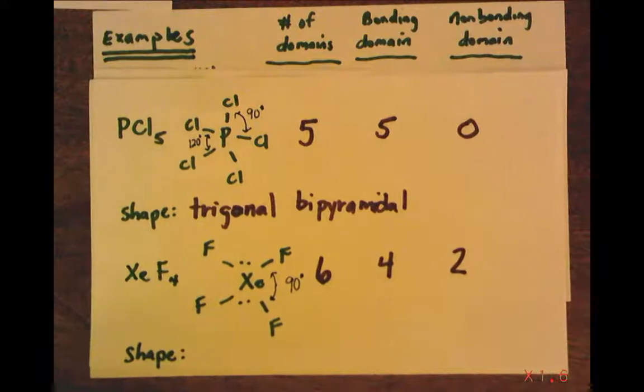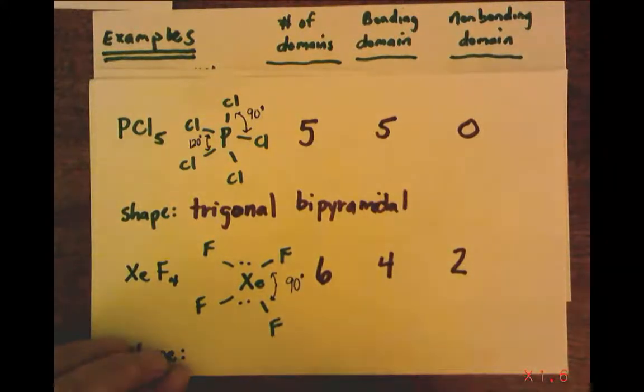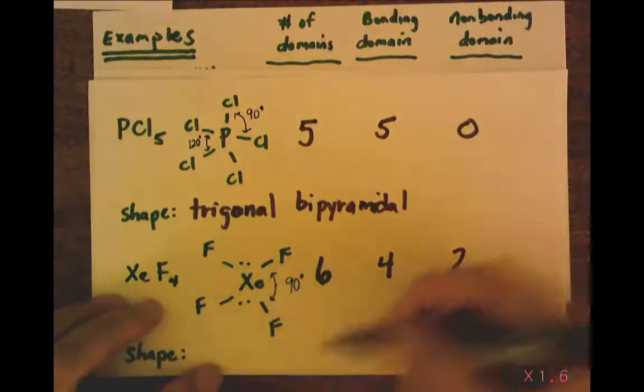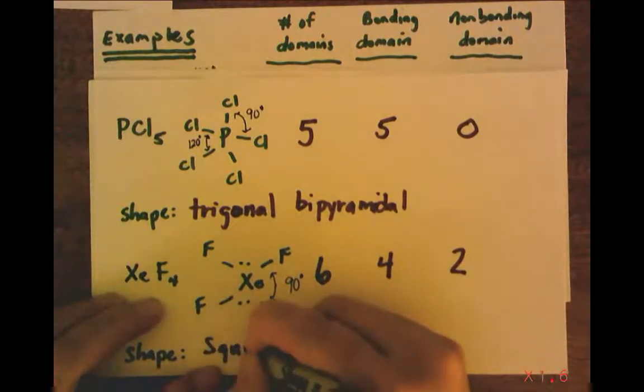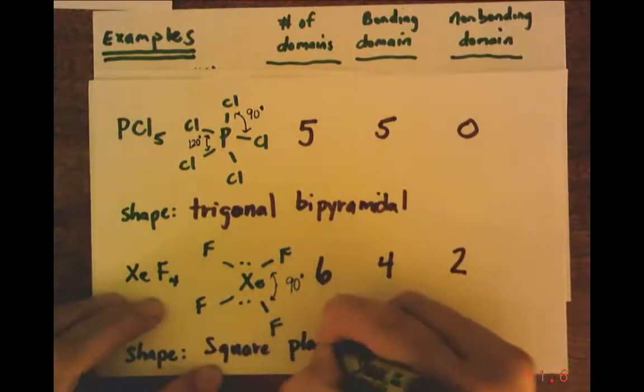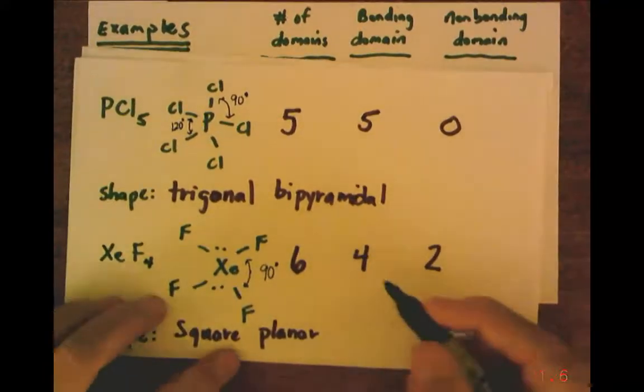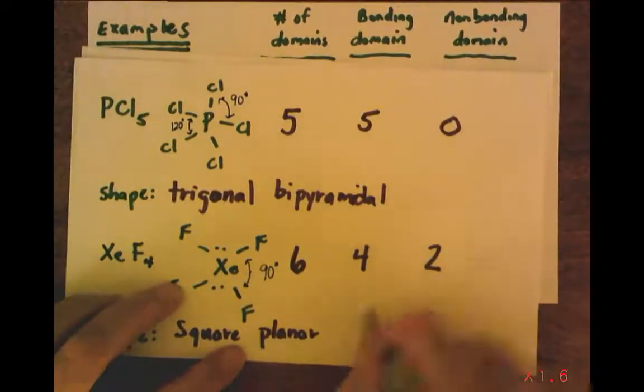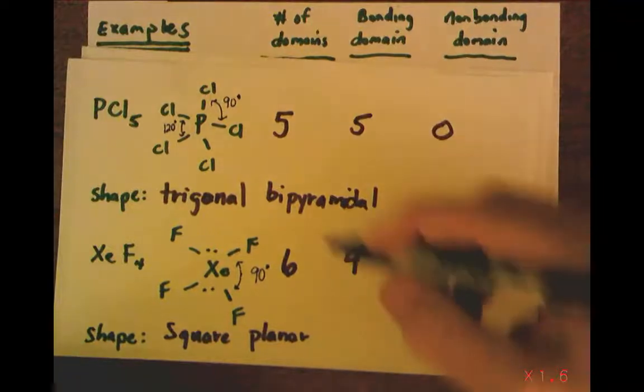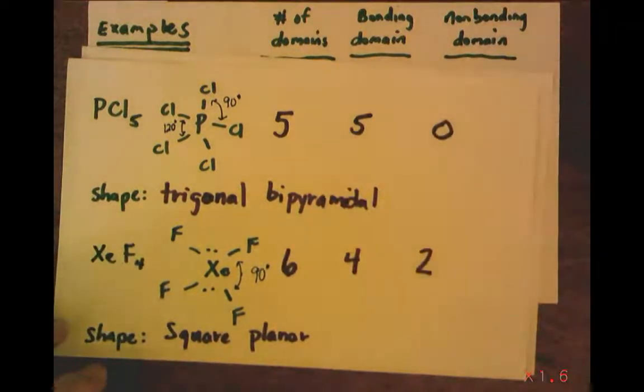So what do we have for a shape this time? Okay, 4 bonding, 2 non-bonding. This time we're looking at square planar. Square planar. Now if I could draw three-dimensionally, I could draw that out so you could see that a little better.